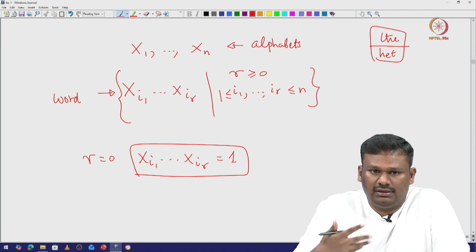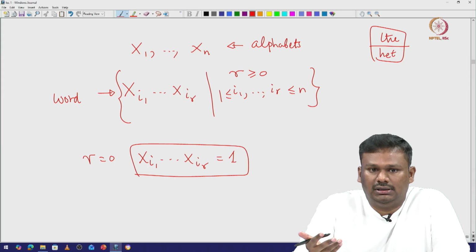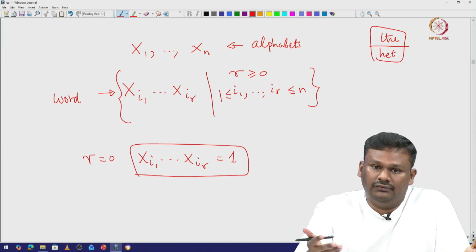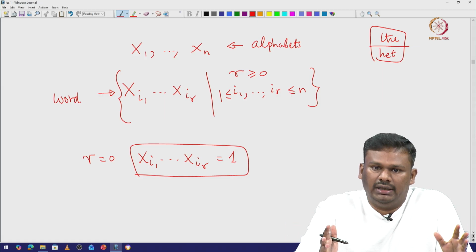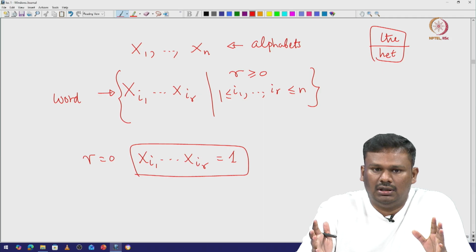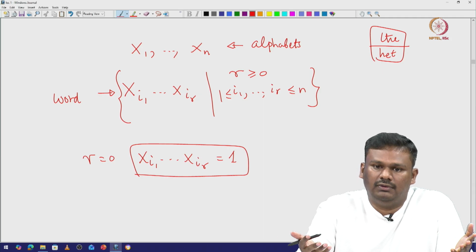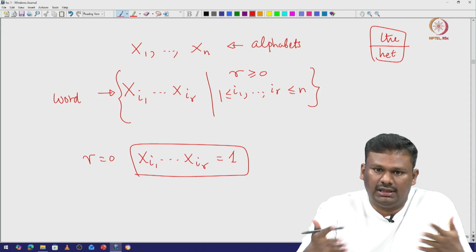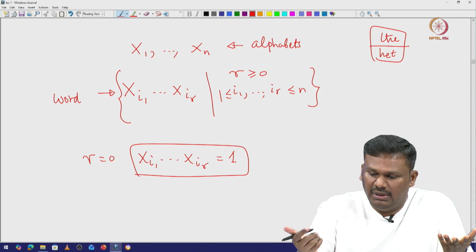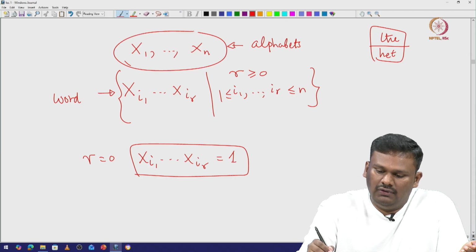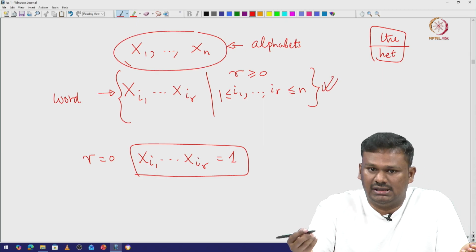So, now you see we have adopted a more practical way. Even if I say that I have the English language, where I want to consider all possible words formed in the English language, I can consider that as a set, because if I start with the English alphabets, then all words make sense and that is a set.